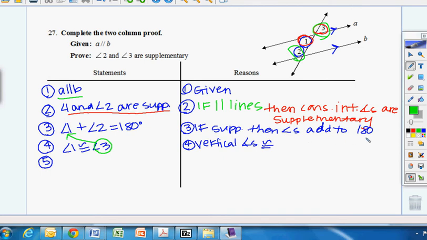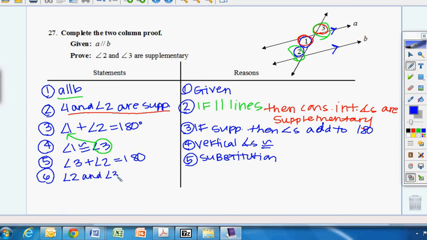So now I'm going to have angle 3 plus angle 2 equals 180, and that is substitution.